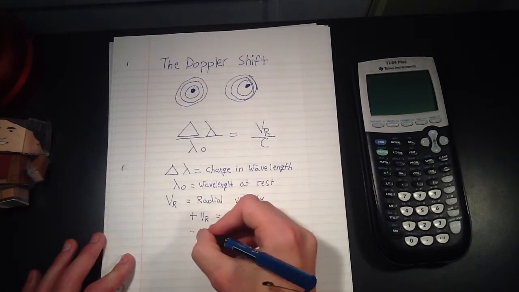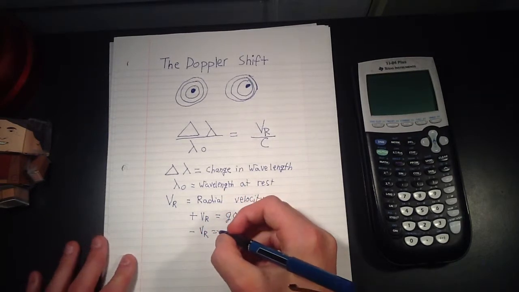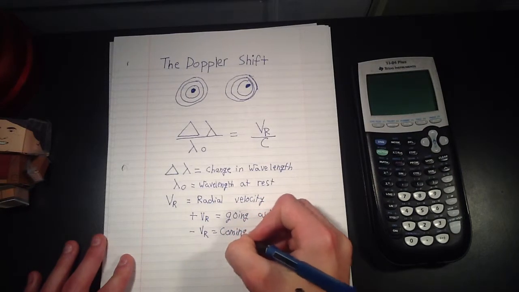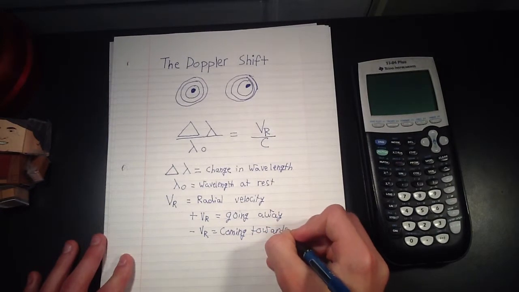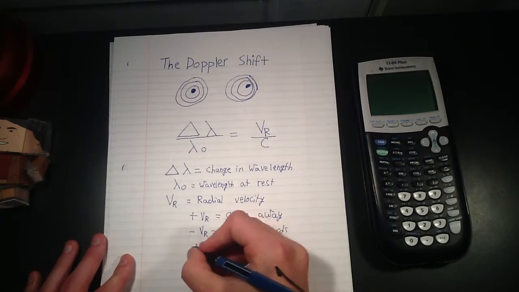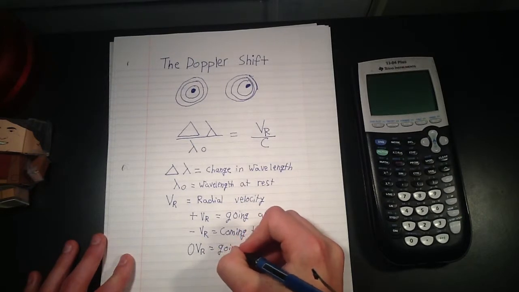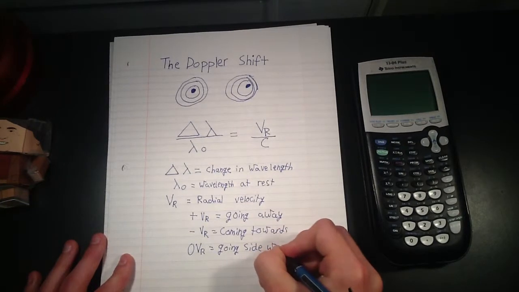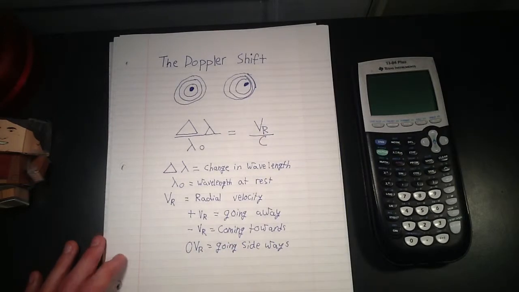If I have a negative radial velocity, that means it's coming towards me. And if the radial velocity is 0, that means it's going sideways. So this is something you want to remember in our next equation.